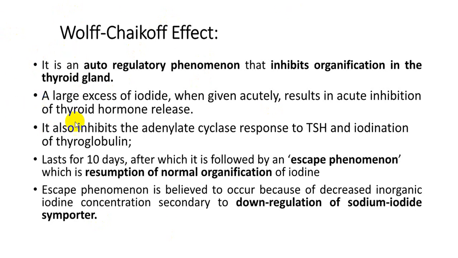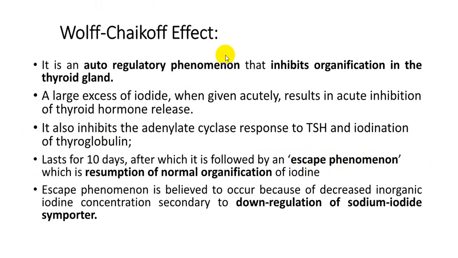Now this also inhibits the adenyl cyclase enzyme response to TSH and iodination of thyroglobulin. So it will inhibit TSH action and there will be no iodination of thyroglobulin. So manufacture of T3, T4 will also be reduced, and this will last for 10 days, after which there is something called an escape phenomenon.